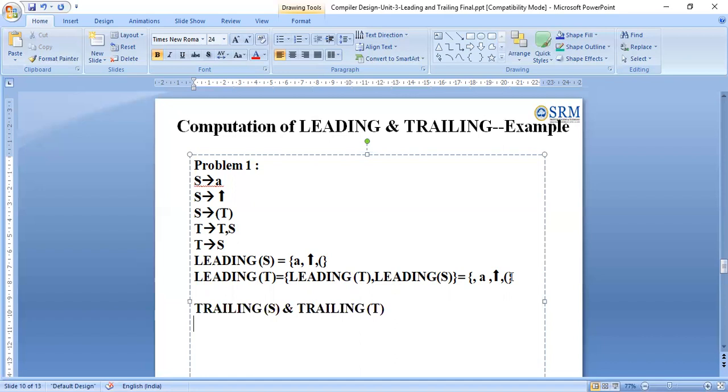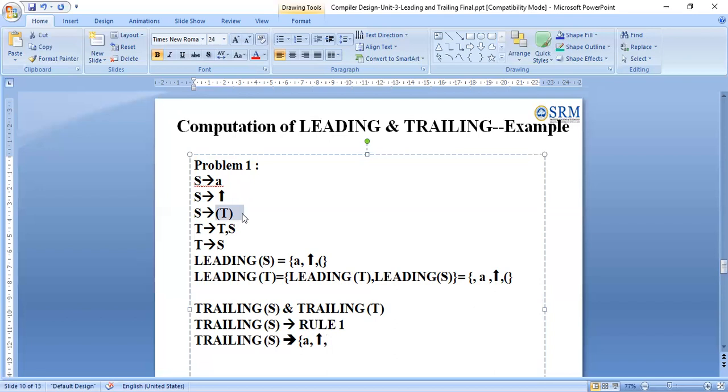So we will find trailing of s, apply rule 1, and see what is happening. Here we take the same symbol a followed by exponential operator. Then what is the last terminal symbol?